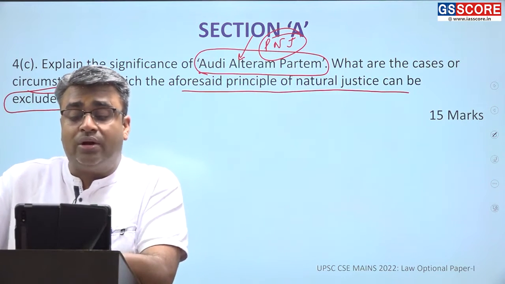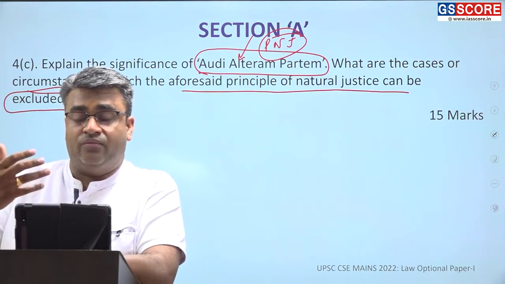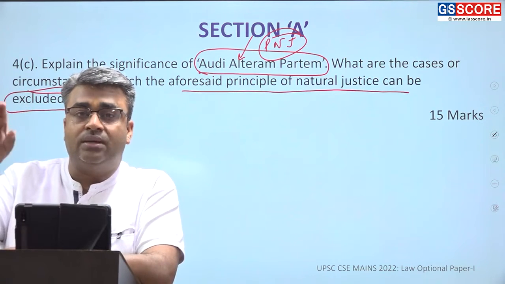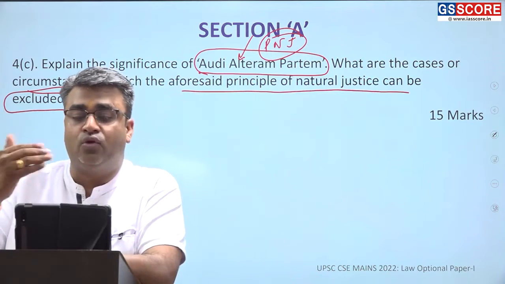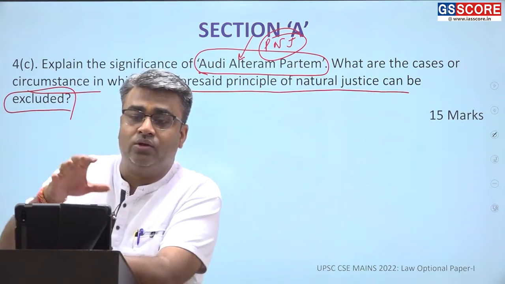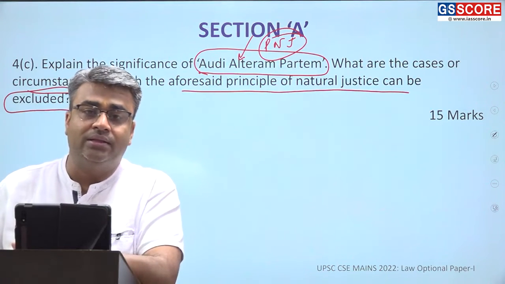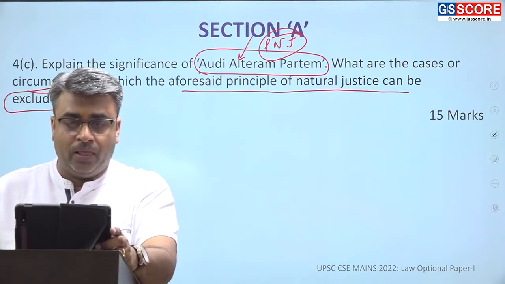So basically this doctrine says that in such a case, when we talk about the right to be heard, if a person has some kind of relationship with another person, that person might be excluded from the ambit of that particular interview process. It is basically about the principle of natural justice.